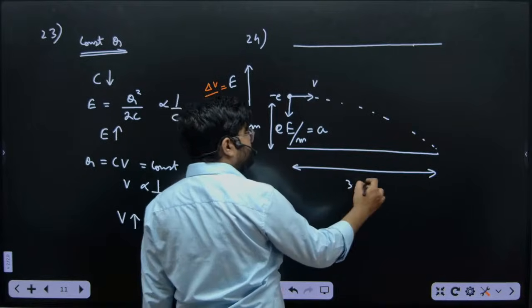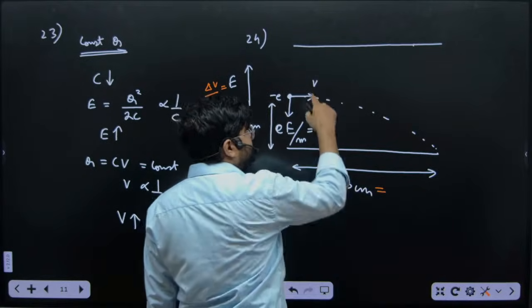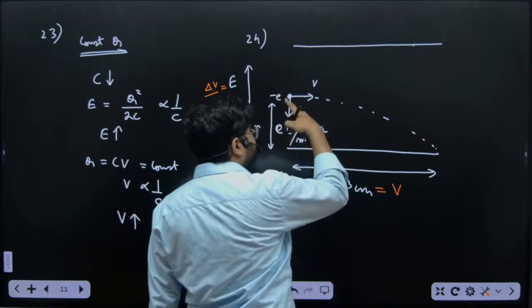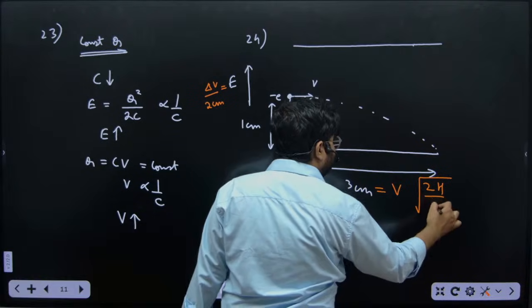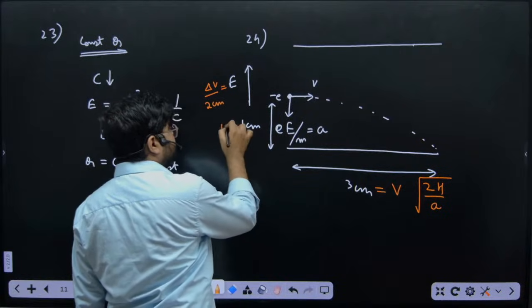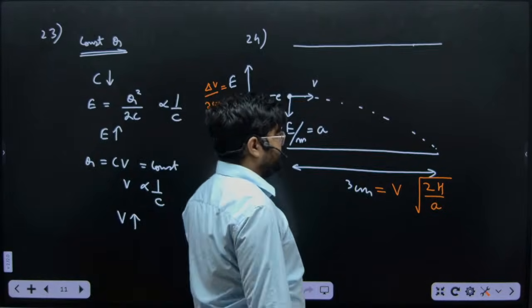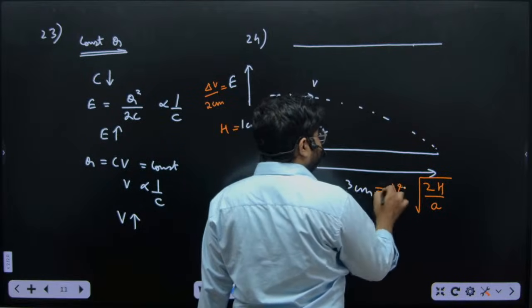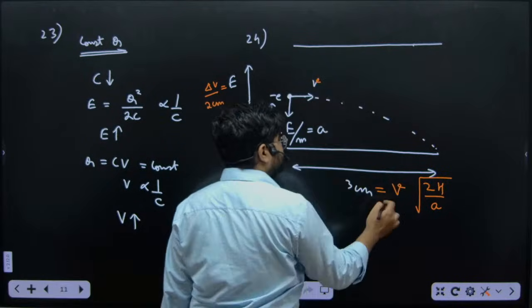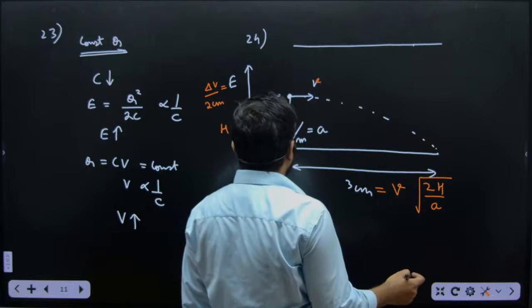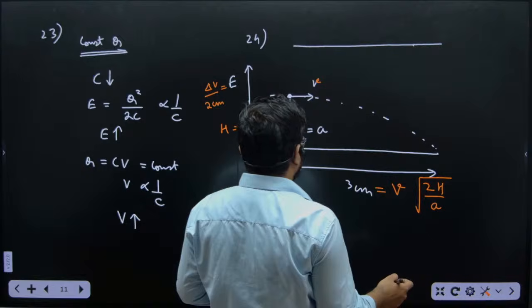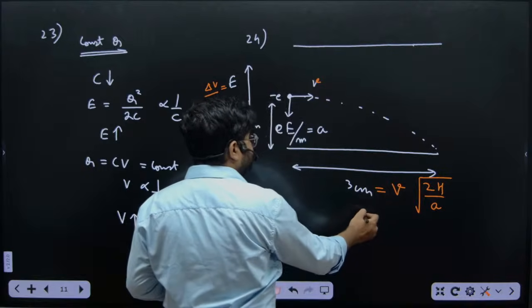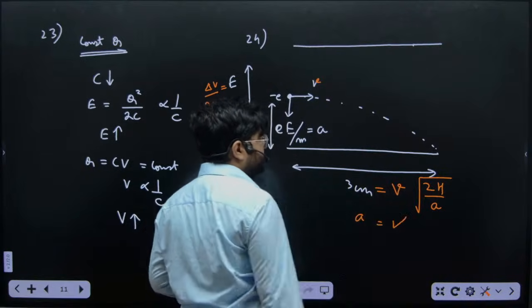Now the formula: this is range, and the range can be written as v into time of flight. Time of flight is under root 2h by a. This is h. So from here, v is given, h is given, and from here you can get the value of acceleration.